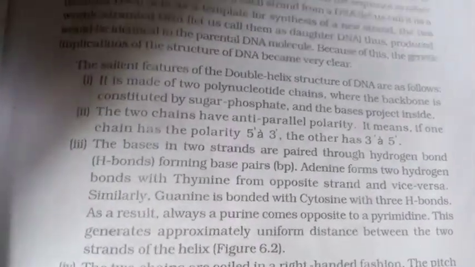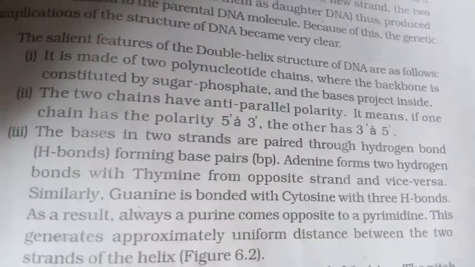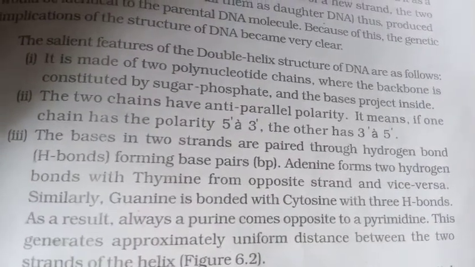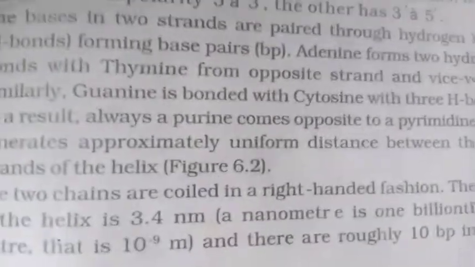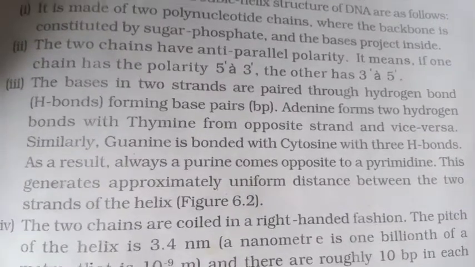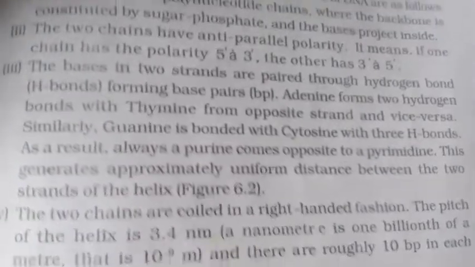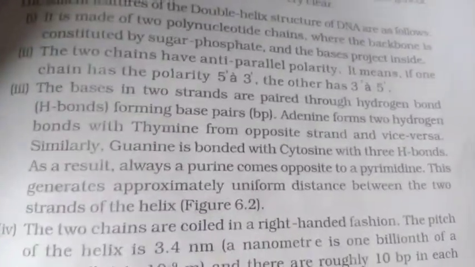This results in a purine coming opposite to a pyrimidine, and this generates approximately uniform distance between the two strands of the helix.